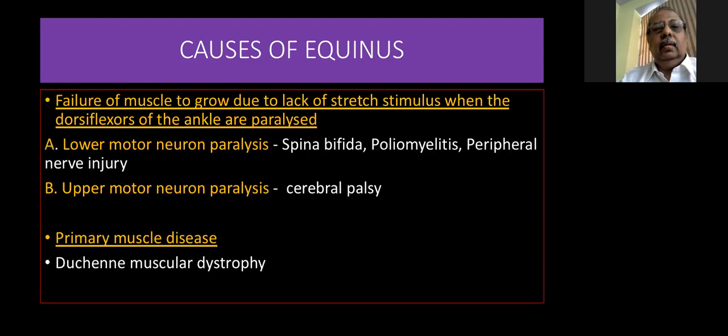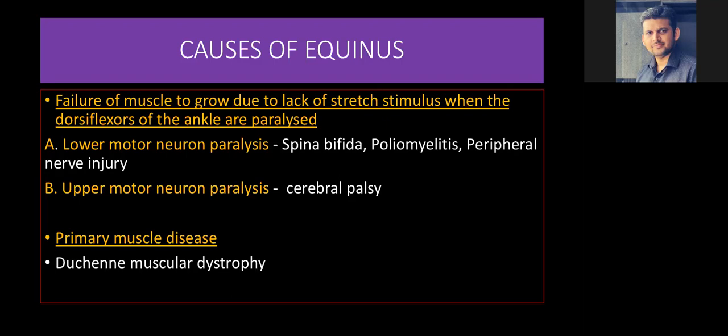Or it may be a failure of the muscle to grow due to the lack of stretch reflex, as in lower motor neuron paralysis like spina bifida, poliomyelitis, peripheral nerve injuries, or upper motor neuron disease like cerebral palsy, or a primary muscle condition such as Duchenne muscular dystrophy. So there are several causes of equinus.